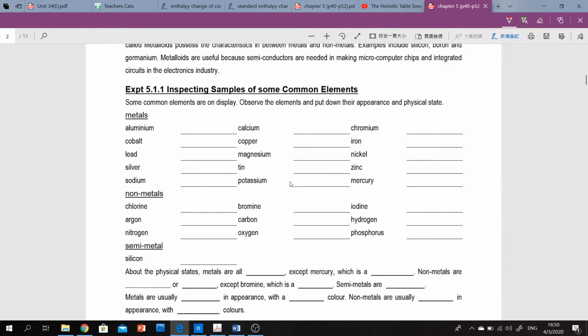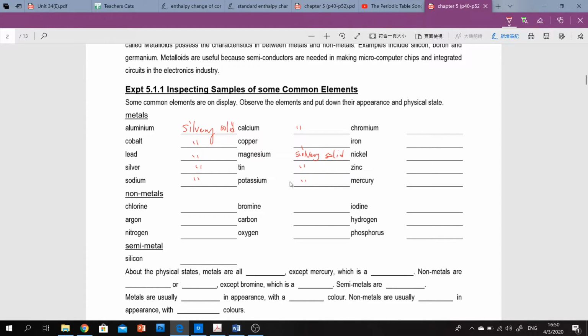What is the color of those metals? You say, Mr. Chin, most of them are silvery. Yes, that's right. Silvery solid, a very boring stuff.